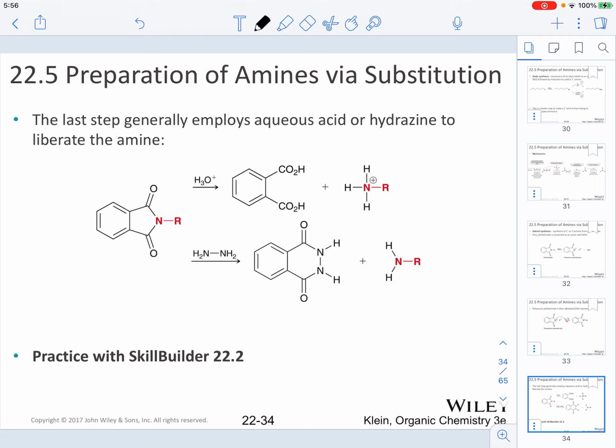Then, in the last step of the reaction, we react our alkylated intermediate with aqueous hydronium or hydrazine. So we have some acid in the system, and that's what is going to create the amine.